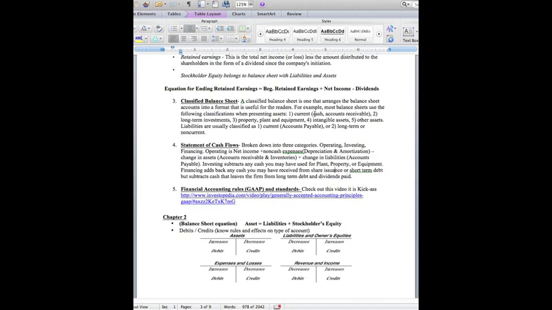For long-term assets, you want to really think about plant, property, and equipment, PP&E. Those are all long-term assets because they're not very liquid. It's not easy to buy a $2 million machine and then the next day sell it. It's not a very liquid item, whereas cash and accounts receivable are.